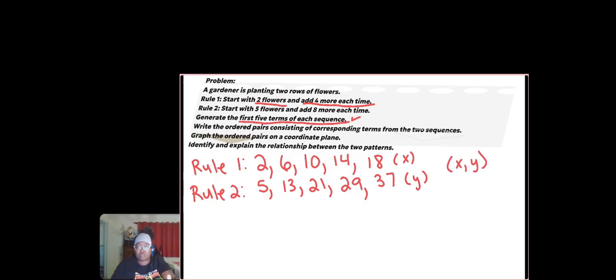You're going to start with the x-axis and then go to the y-axis. So let's do that for these. So we'll have 2, 5. We'll have 6, 13. We'll have 10, 21.